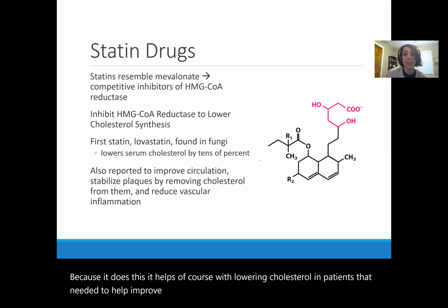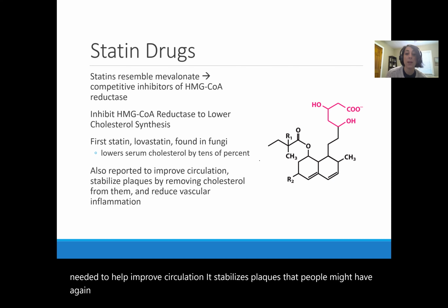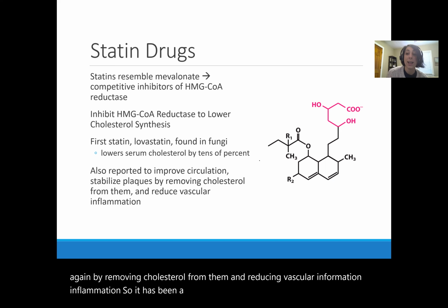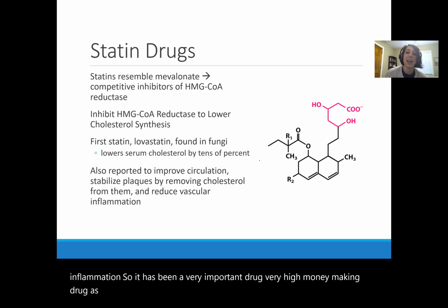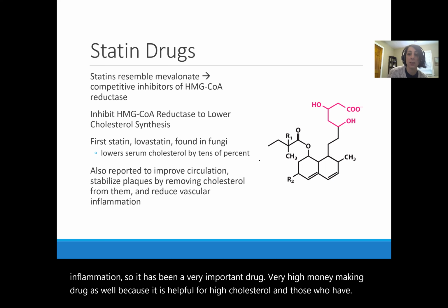It stabilizes plaques that people might have, again, by removing cholesterol from them and reducing vascular inflammation. So it has been a very important drug, a very high money-making drug as well, because it is helpful for high cholesterol and those who have heart problems related to their cholesterol as well.